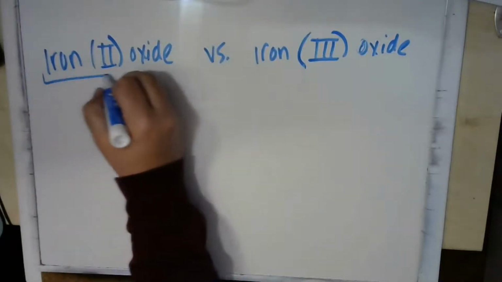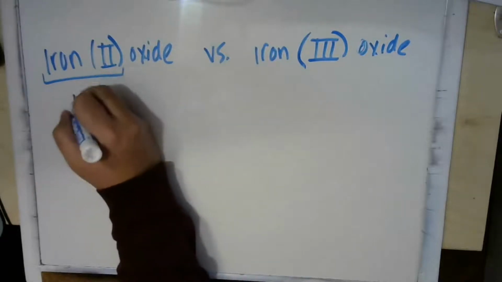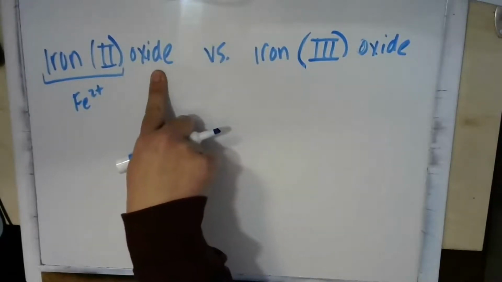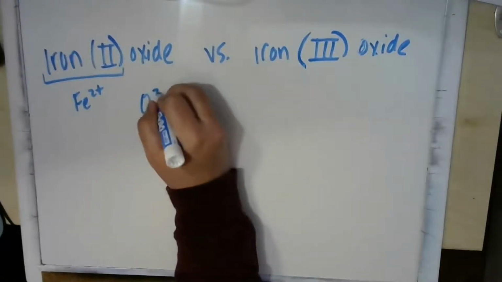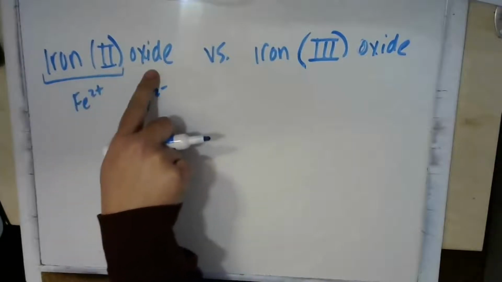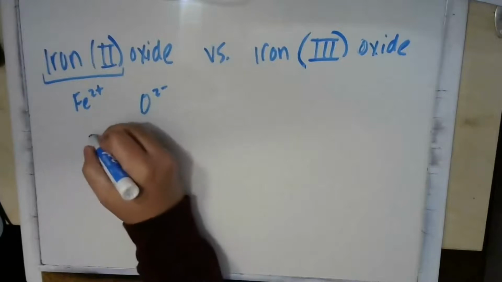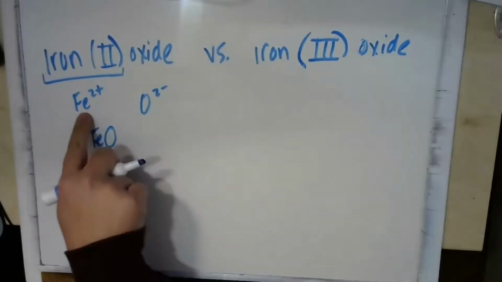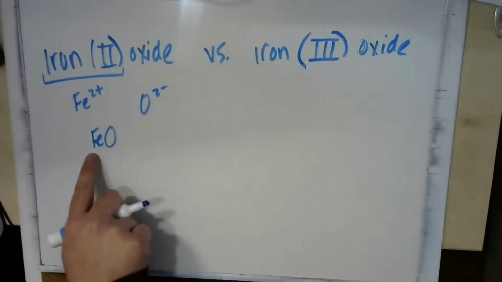Okay, because now I can look at this and I know that if I have an iron 2 ion, that's Fe2 plus. And oxide is going to be the oxygen anion, and that will always be O2 minus. So now I know that the formula for iron 2 oxide comes from these 2 ions, which means that the actual formula has to be FeO, because Fe2 plus and O2 minus are going to combine in a 1-to-1 ratio.